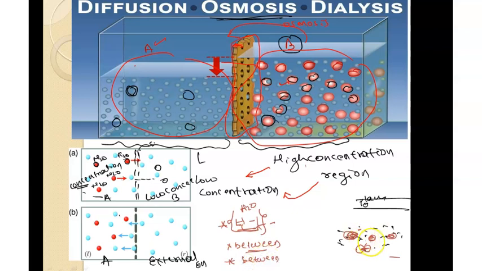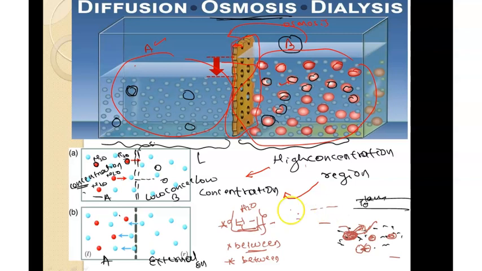The external environment here is plasma. That means the exchange of water molecules or gases usually takes place between the cell and plasma. If the amount of water present in the cell is very high and the amount of water in the plasma is very less, then the water will move out of the cell.